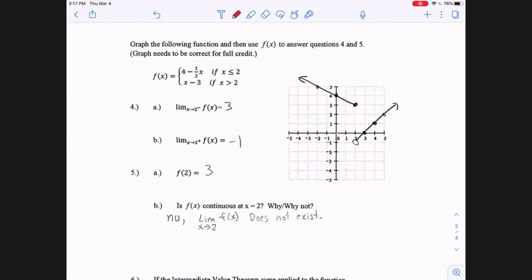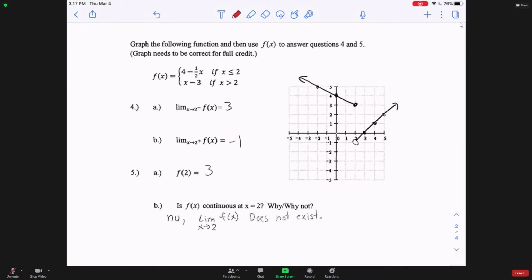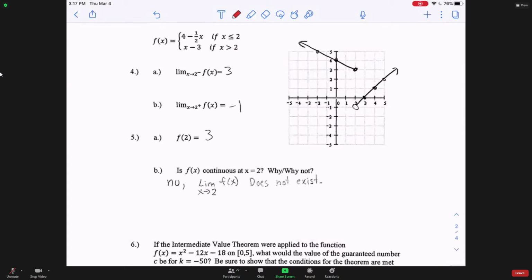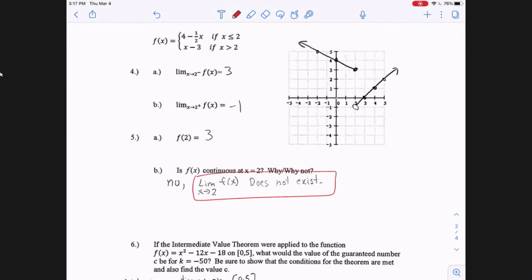Commonly missed one would be 5 part B. So the question is, is f of x continuous at x equals 2? The answer is clearly no, because you can see there's a break there. But remember I told you, you don't say no because there's a hole, you're supposed to say a calculus reason. So limit as x approaches 2 of f of x does not exist is what I was looking for. If you want more detail, that's even better.